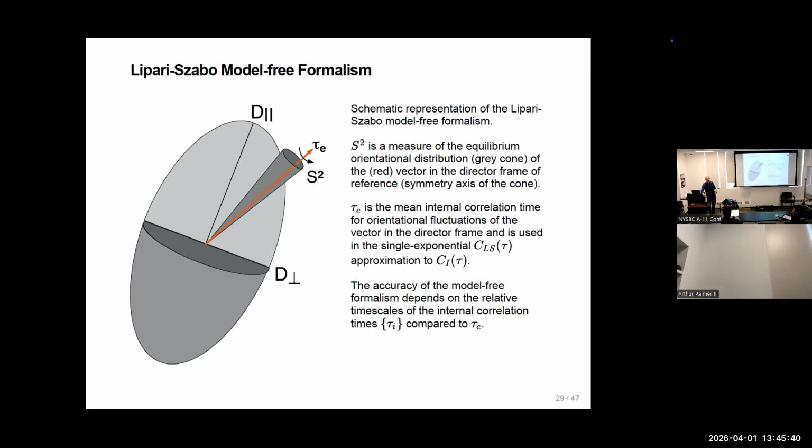And we can write many models for the underlying dynamics that will give the same S squared. And that was one of the features of the original Lipari and Szabo paper, was they said there's too many different models being applied to NMR relaxation. Here's a general model that encompasses those other ones without making a lot of assumptions about what the underlying mechanism is.